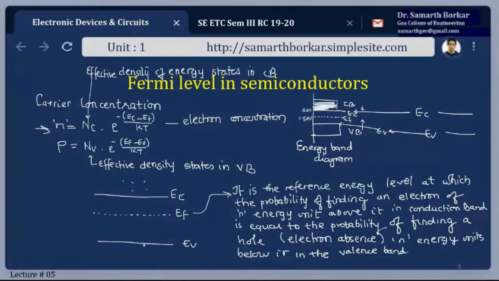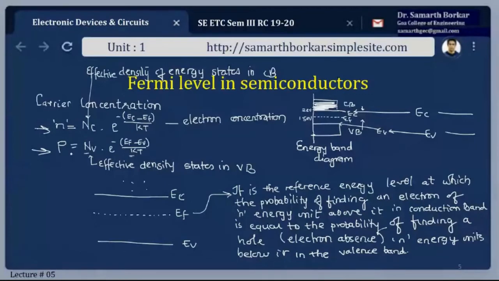Now, if I want to calculate the number of holes, that is hole concentration, then it will depend on the EF and EV difference. Look at this equation, the second one. The value of P, P is what? The concentration of holes, the number of holes, which depends on K, which is a constant.